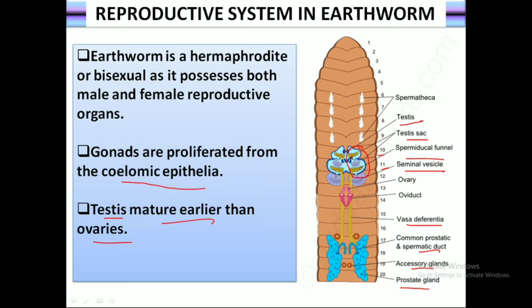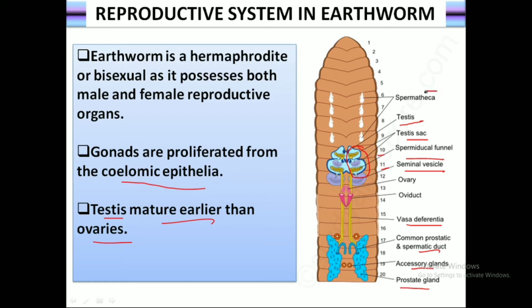These testes are enclosed in a sac-like structure known as the testes sac. Vasa deferentia arise from the spermatic funnel and extend up to the 17th or 18th segment of the earthworm.